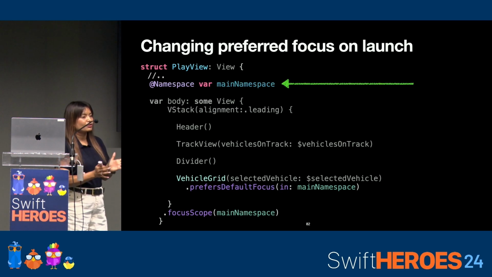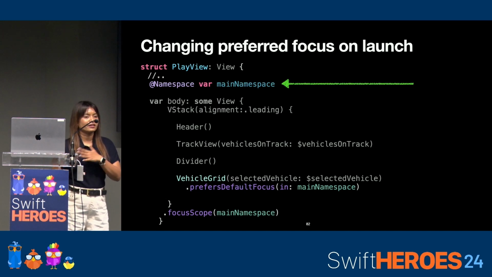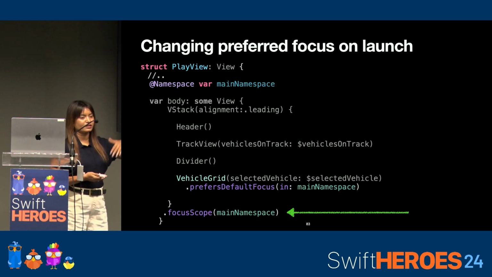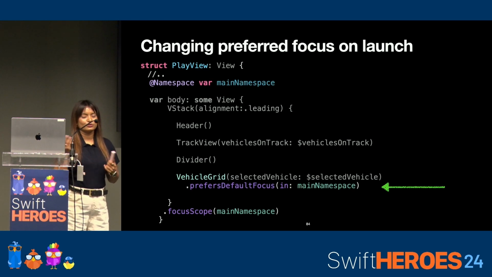This one is in the context of the entire play view, but I could define default focus in the context of a sidebar, for example, and that would be a different namespace. So in this namespace, I want to define the preferred default focus. I will bind this namespace to the entire play view because that's where I want to declare the default focus. And then the last thing is to use the modifier and specify the namespace.